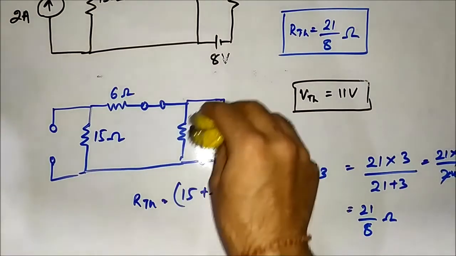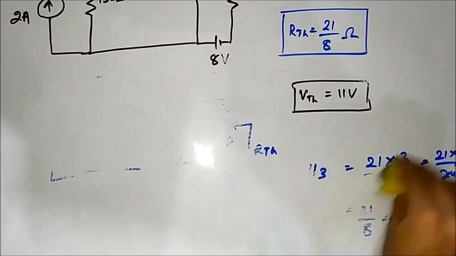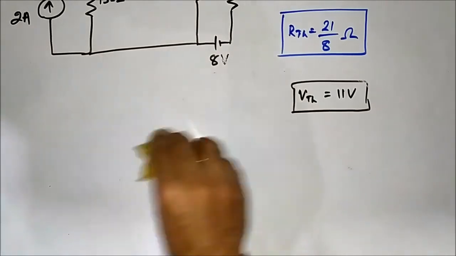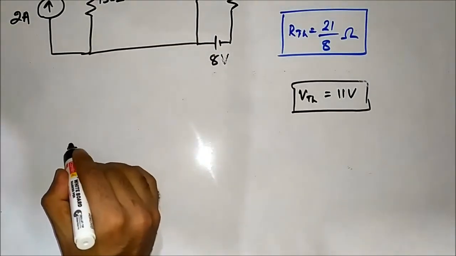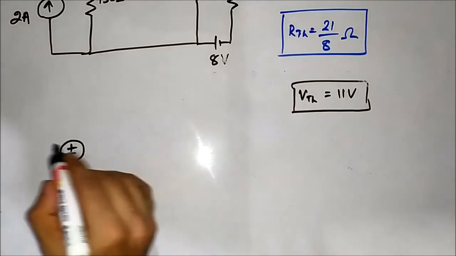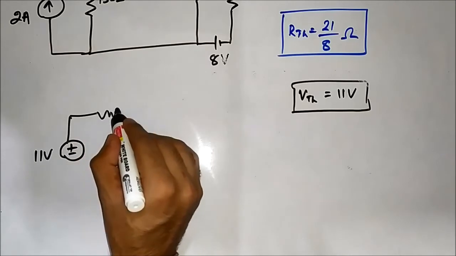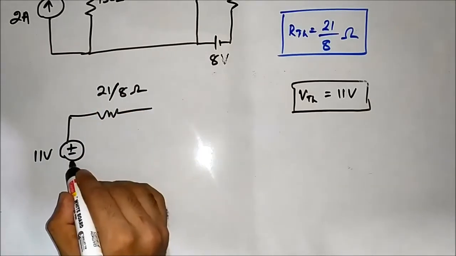So the value of R for maximum power transfer is equal to 21 by 8. We have got the Thevenin voltage, which is equal to 11 volt, and the Thevenin resistance 21 by 8 ohm.